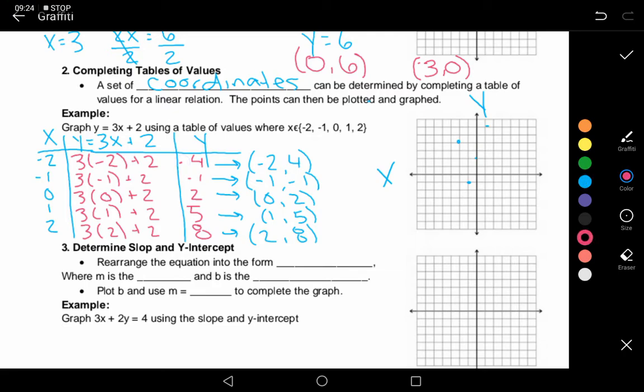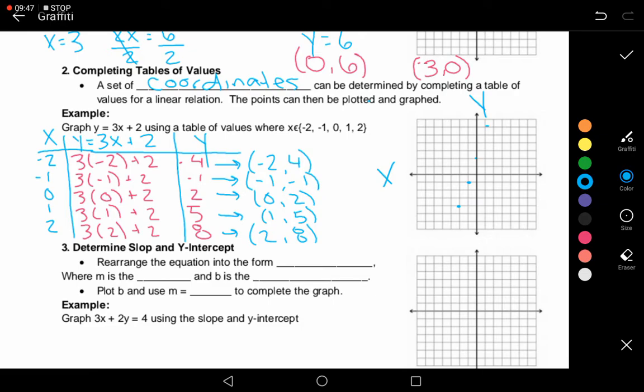So not a big deal. Easy fix. I'm just going to erase this random outlier dot that obviously isn't in the right spot, and I'm going to replot it in the right spot. So it was -2, -4. That point should have been down there.